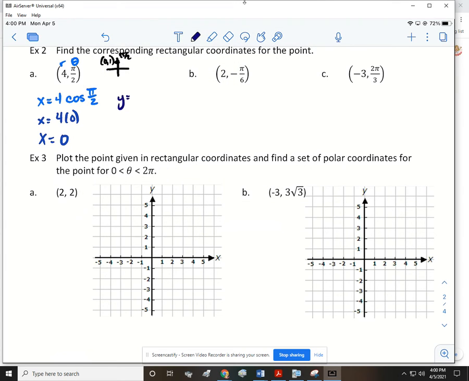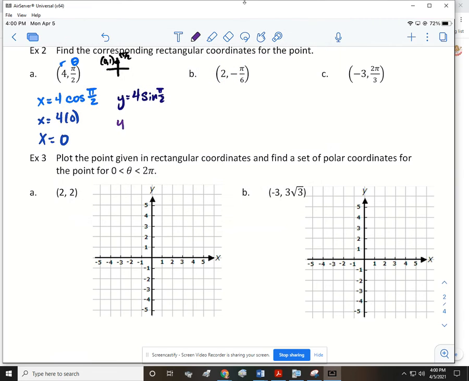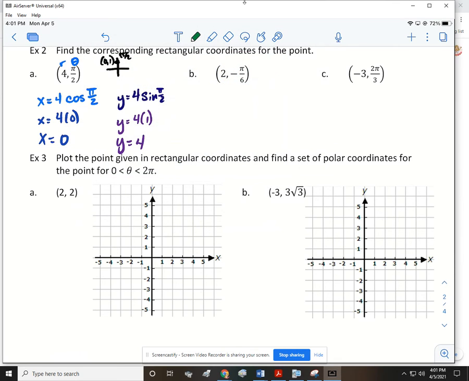And then for the y, it's going to be r times the sine of that angle. The sine of pi over 2 is going to be 1. So our y coordinate is the value of 4. So our ordered pair in rectangular coordinates, our x and our y, is the point 0, 4.